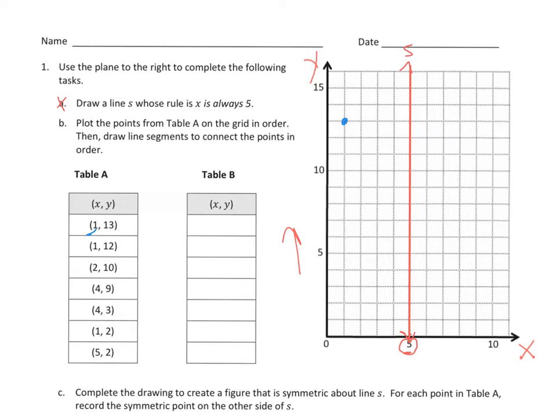I have 1, 12. 2, 10, 4, 9, 4, 3, 1, 2, and 5, 2.